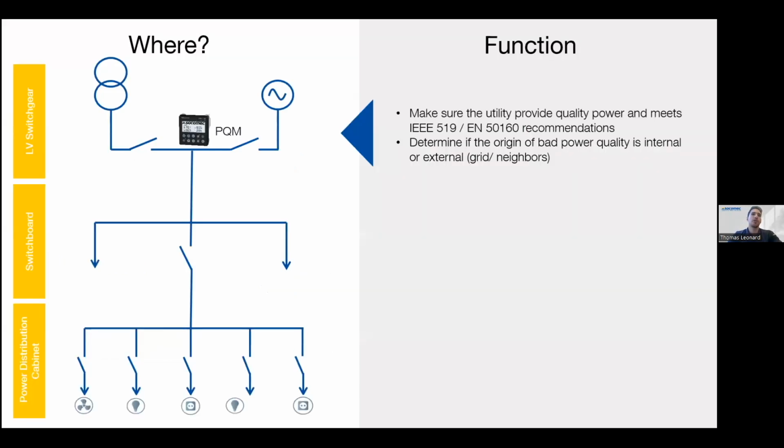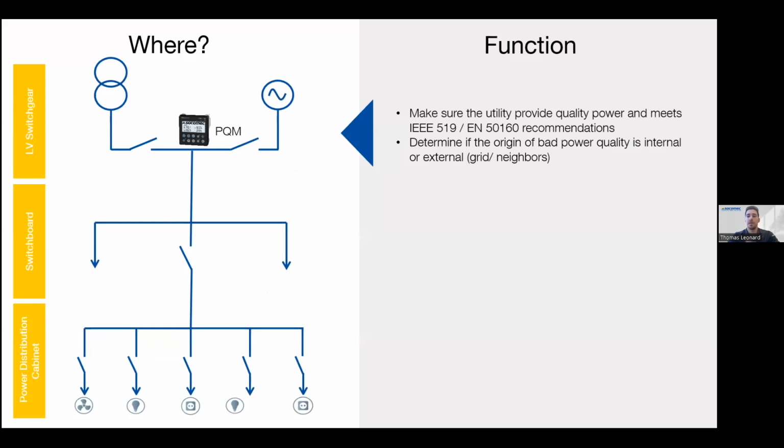So where do we install power quality meters? The easy answer is to say, yes, we're installing a power quality meter on the main feed to make sure that, as I was saying, the utility is providing good quality power and is meeting the standards or guidelines recommendations. In Europe, EN 50160 is mandatory for utilities to follow.